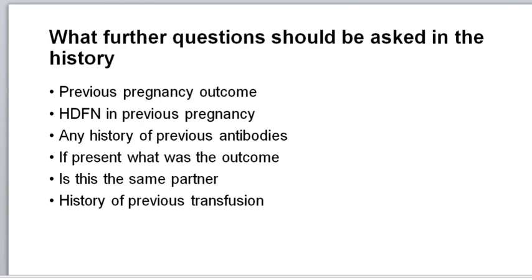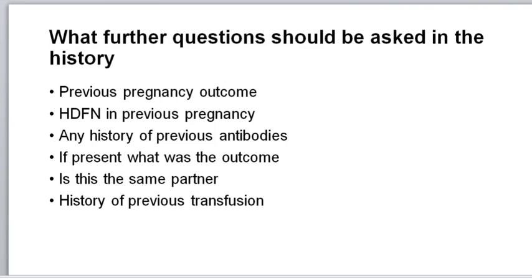Whether this particular patient has any previous history of transfusion and formation of antibodies, because some antibodies hide with passage of time, like Jka or Jkb antibodies, and whether this is the same partner or a different partner.